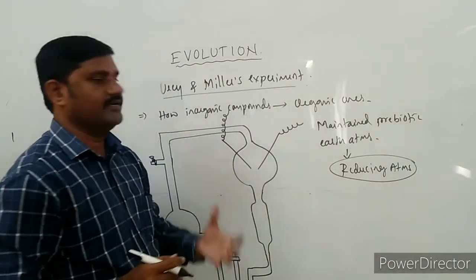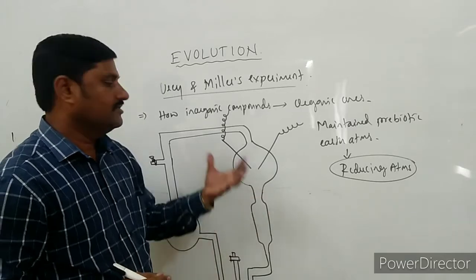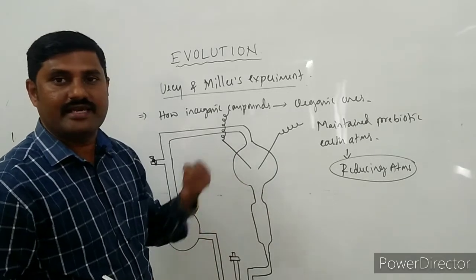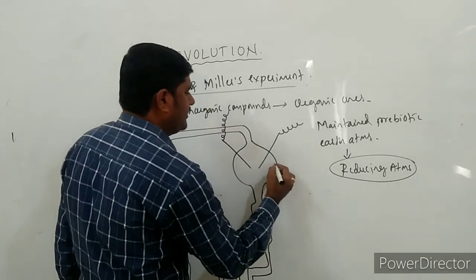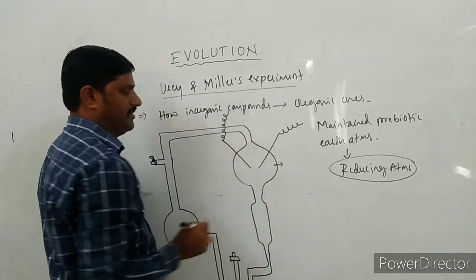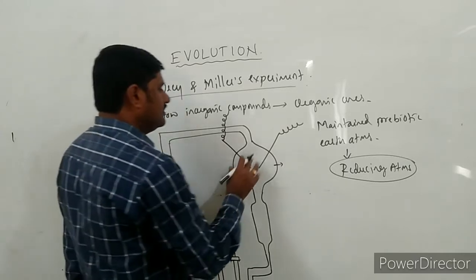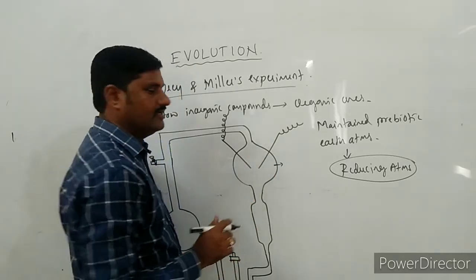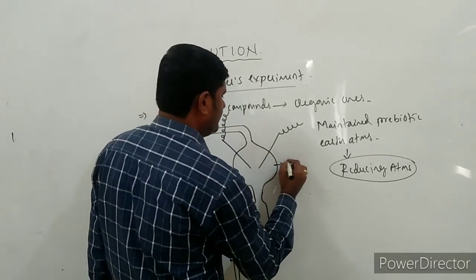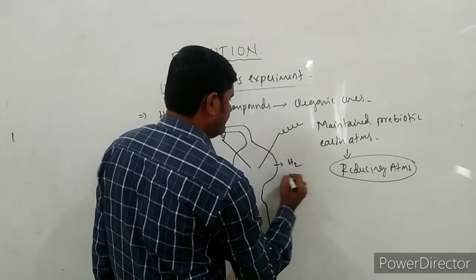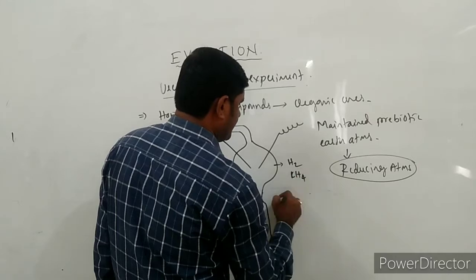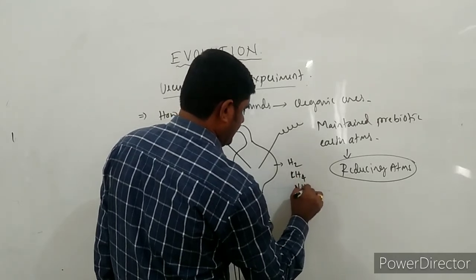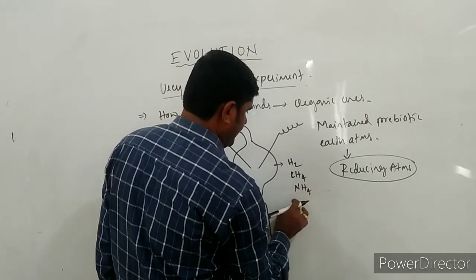In this reducing atmosphere, what was present? Some inorganic gases were present, and those gases he took inside this chamber. This is called the gas chamber or discharge chamber. The gases he took are hydrogen, as well as methane, ammonia, right?